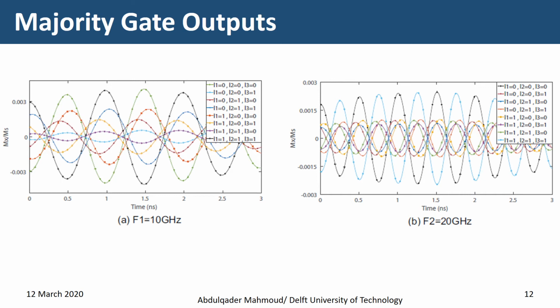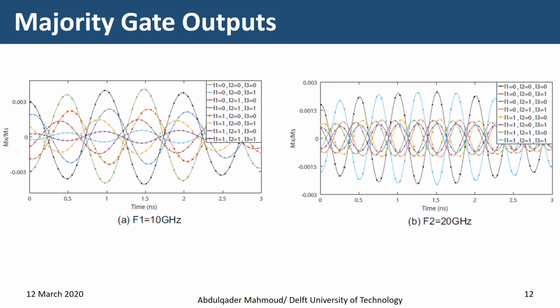Now, to make things clearer, we showed each component separately. As you can see here, the 3 inputs are 0, 0, 0, which means that the spin wave has a phase of 0.